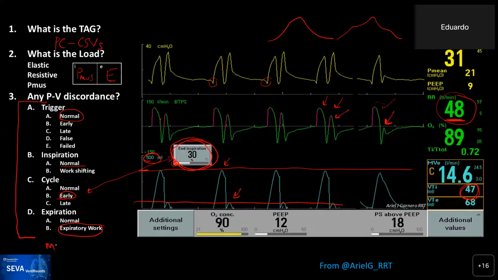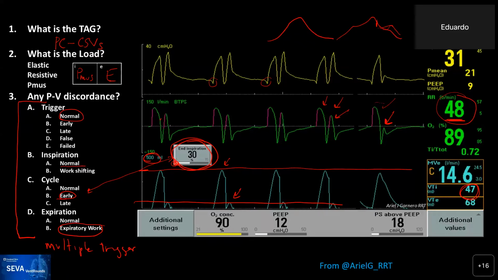So the most common pattern that you're going to see is multiple trigger, or actually double trigger. In the trials, it is the most common one that occurs on NAVA, and the reason is because the cycling threshold is set at 70% of peak, and the patient may activate again afterwards. So that happens often enough that this is the most common dyssynchrony seen, and that has impact and relevance on how you assess modes.